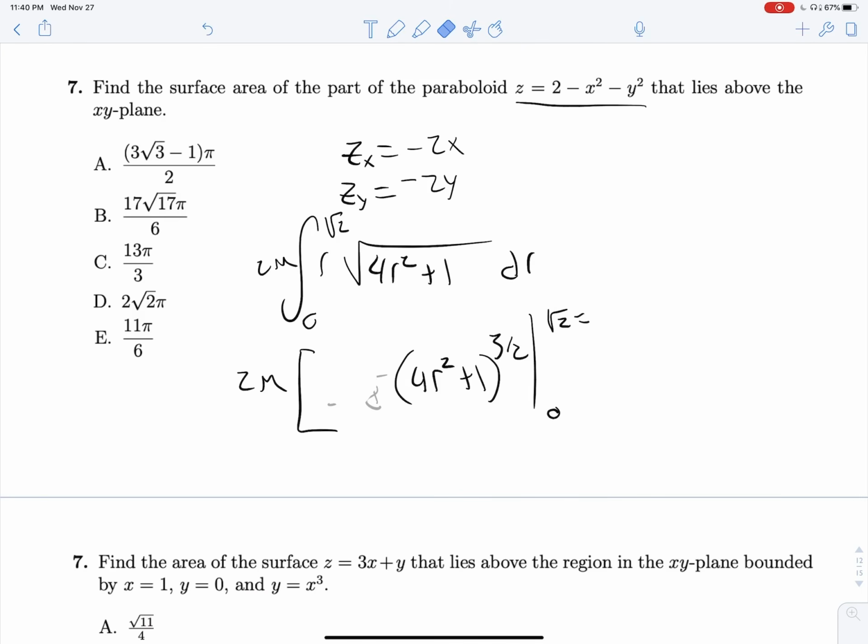Here we're going to get 1 over 12, and we can take this out here as pi over 6. And so now evaluating, root 2 squared times 4 is going to give us 8, plus 1 is 9, to the 3 halves is 27, and over here we're going to get 1. So 26 pi over 6 is going to be equal to 13 pi over 3.